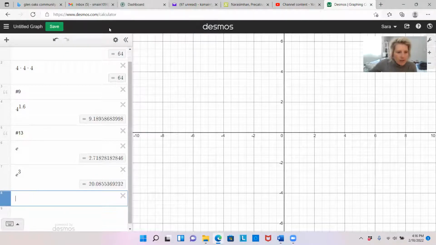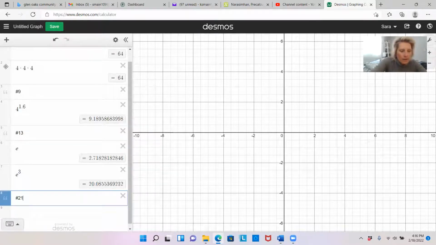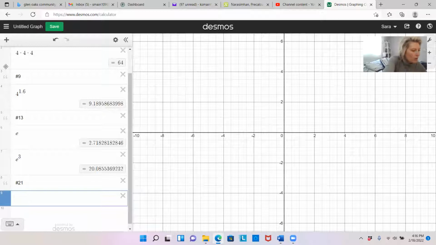So let's look at number 21 in the book here. Number 21 is asking us to sketch the graph of each function. Now, I want you to be able to learn what they should look like in the pieces and why.